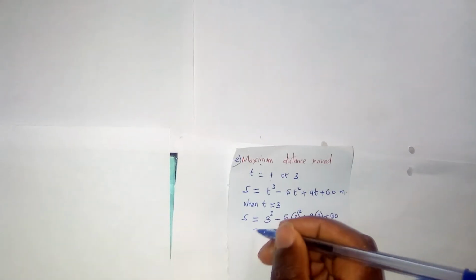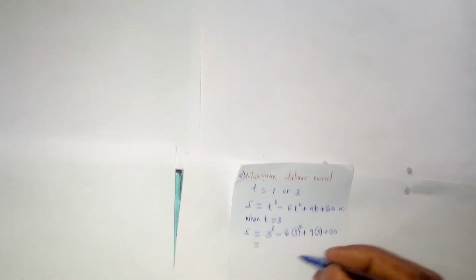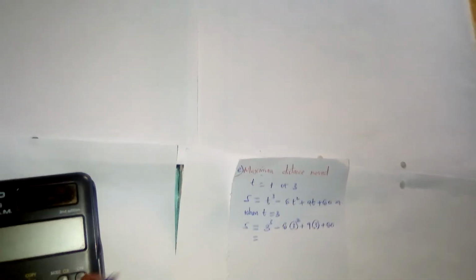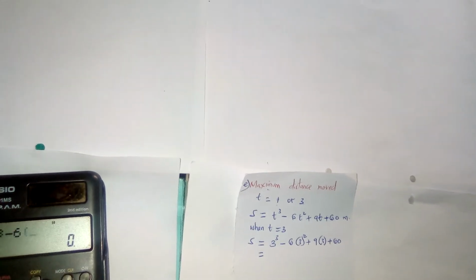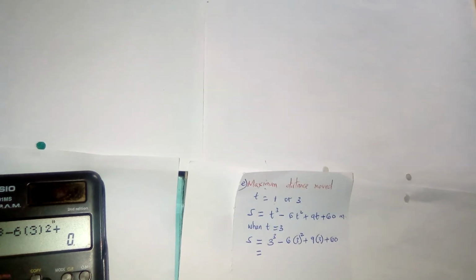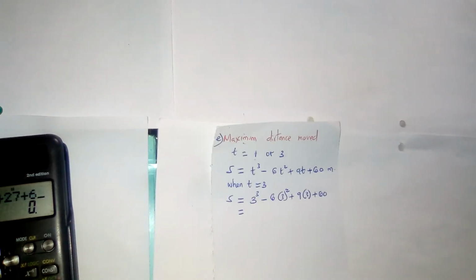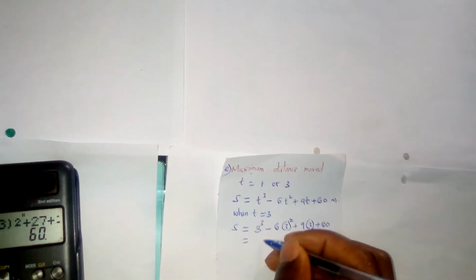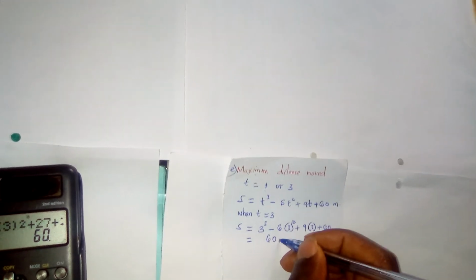When you work this out, we get 3 cube minus 6 into 3 squared, plus 27, because 9 by 3 is 27, plus 60, and I'll be getting 60. So in these 3 seconds, I'll be getting 60 meters.